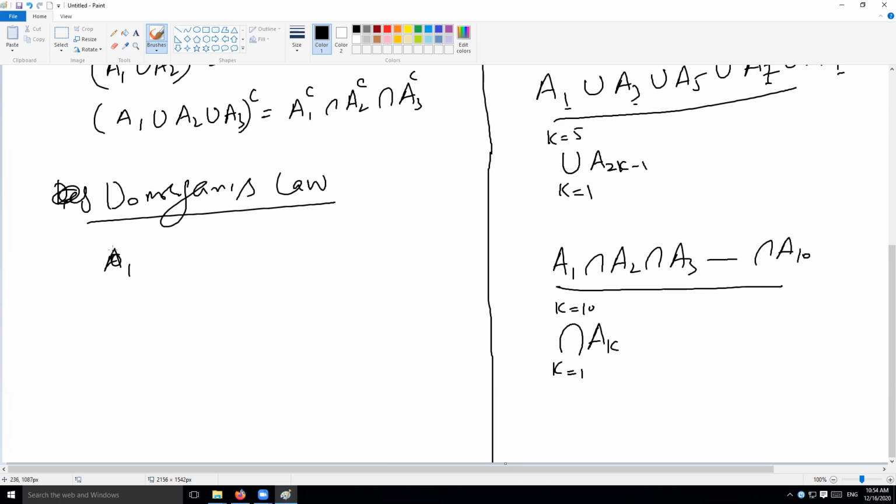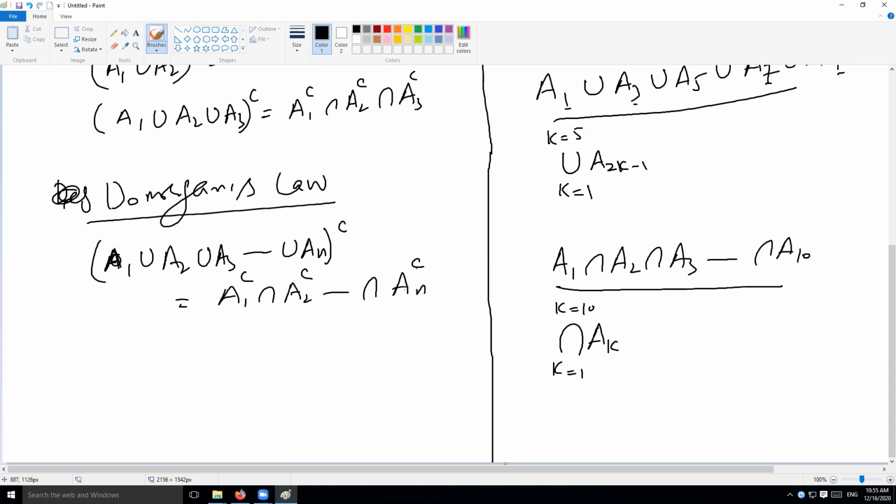Now if I write the De Morgan law for n sets, A1 union A2 union A3, and so forth, union AN, and its complement. There are n sets. I'm taking their complements, so it should be equal to A1 complement intersection A2 complement up to intersection AN complement, right? But that's a boring way to write it. So what would be the good way to write it?